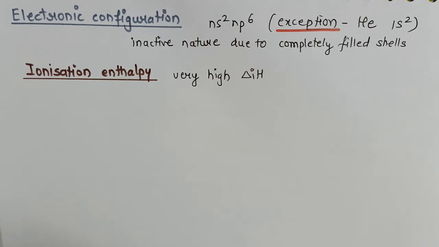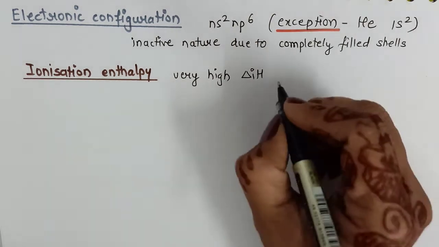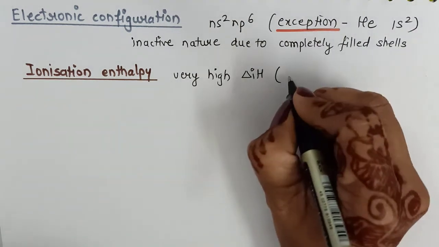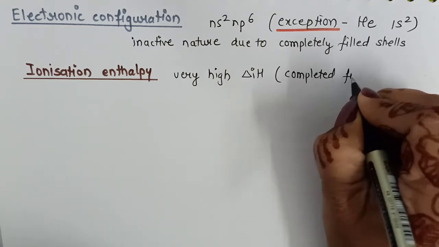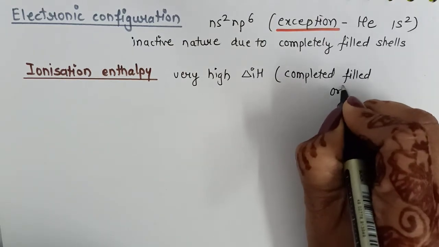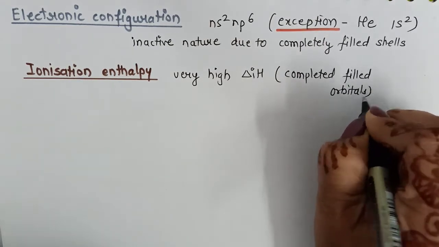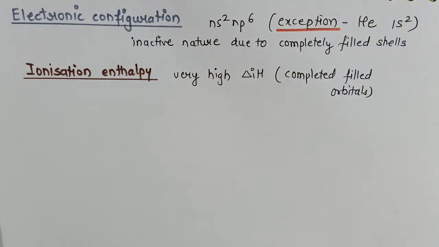The noble gases show very high ionization enthalpy, and very high ionization enthalpy is obviously attributed to their completely filled structure or completely filled orbitals, and therefore they show very high ionization enthalpy.